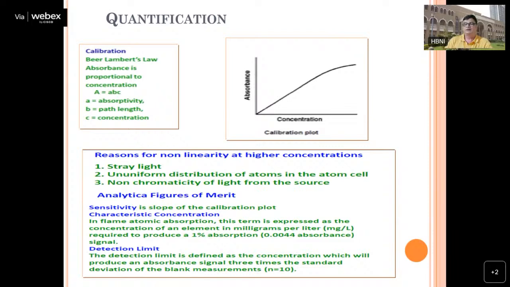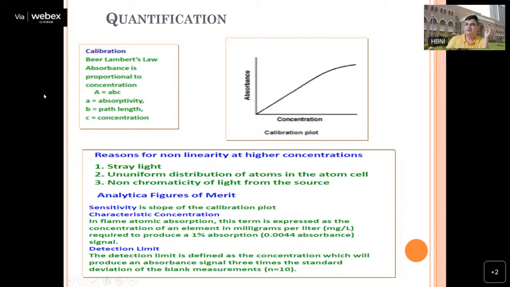Similarly, saturation comes whenever high concentrations are there, so plateaus appear. Generally, highly concentrated samples are diluted to get accurate results, because once you prepare a calibration curve, if you are not getting satisfactory results, you can dilute your samples and measure again.